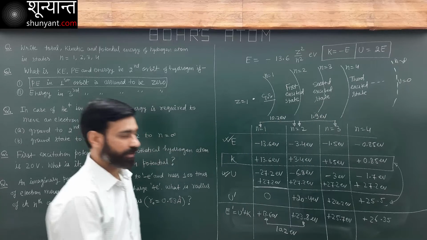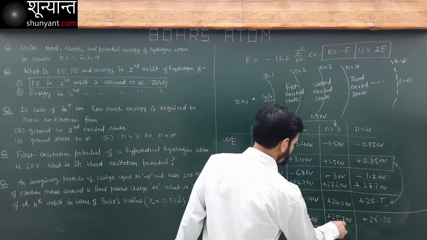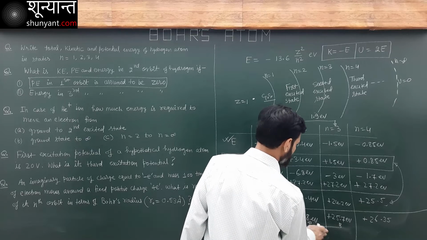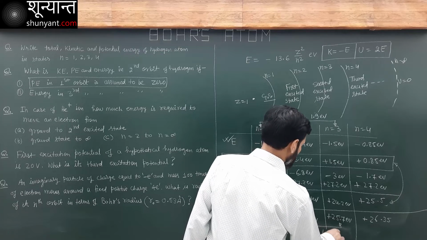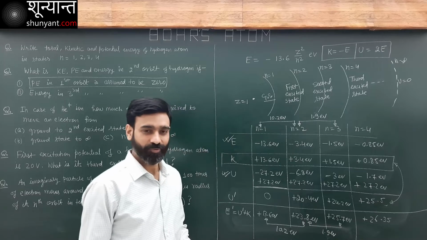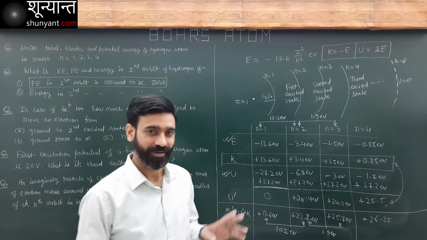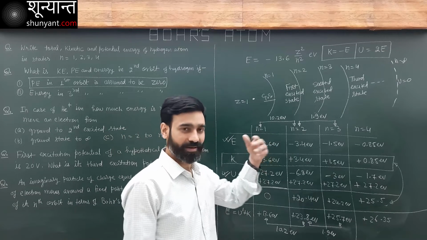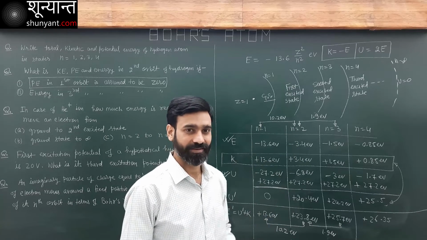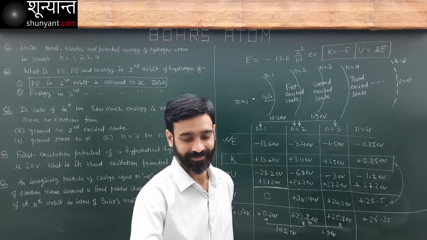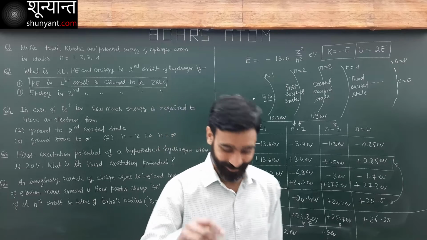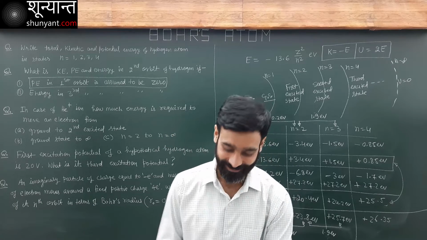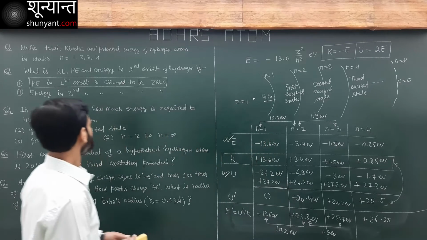What is the difference here? Here also you will get the same difference, 1.9 electron volt. The absolute values change, but the difference does not change. It remains constant. Do you understand that? Okay, good.